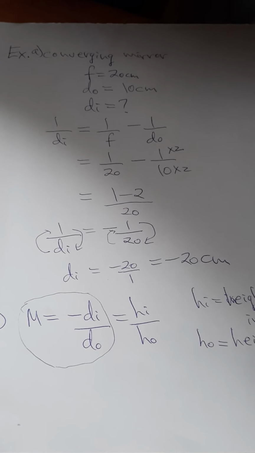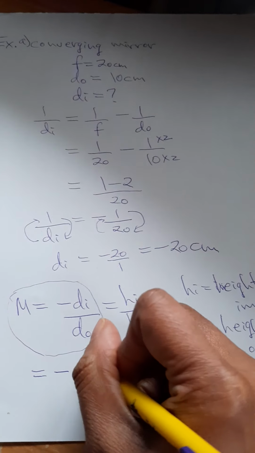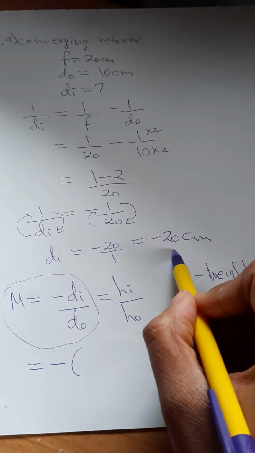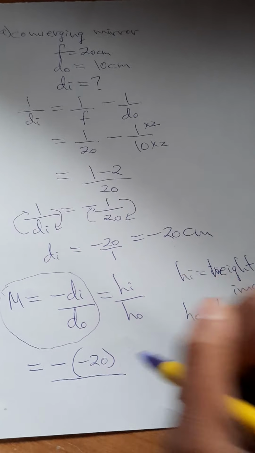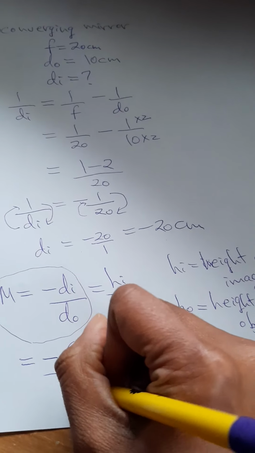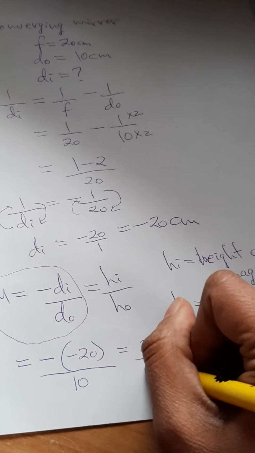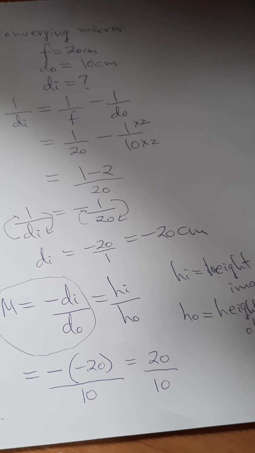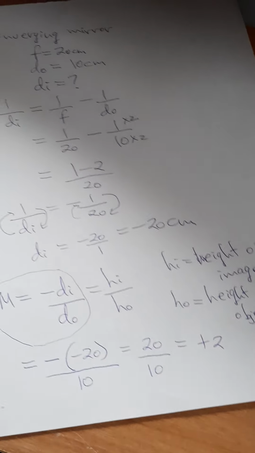The reason is because I have both di and do. So I'm going to put negative, and you notice di is negative 20, so you're basically putting the negative sign 2 times, divided by do, which is equal to 10. The 2 negative signs cancel out. It's going to be 20 divided by 10, which is positive 2.